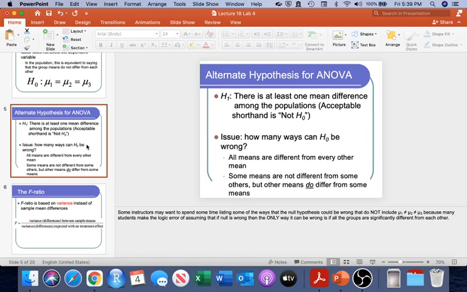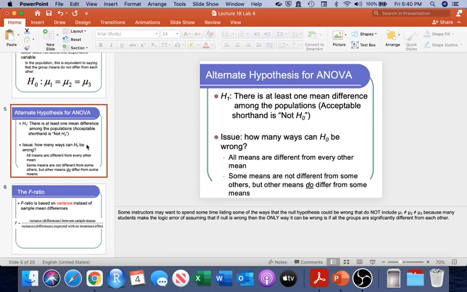As I emphasized in the lecture, you could have, say, mean 1 different from mean 2, and means 2 and 3 equal. Or mean 3 different from mean 2, but means 2 and 1 equal, and all of these different combinations.